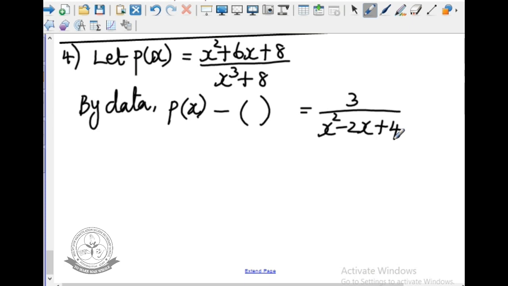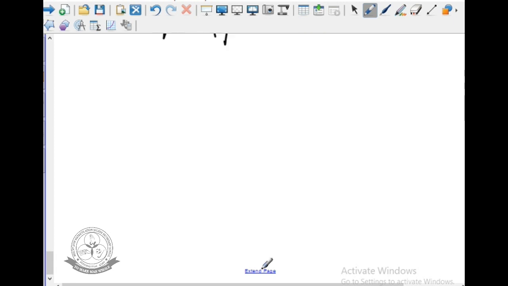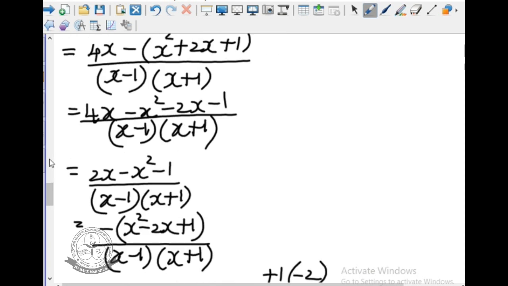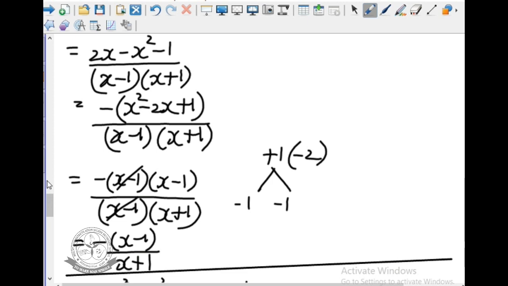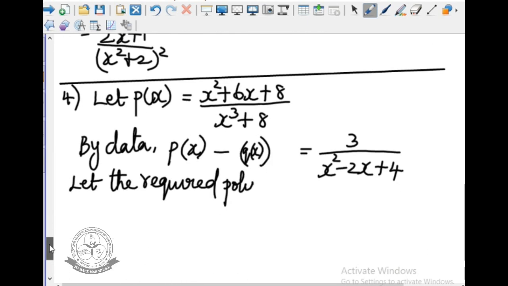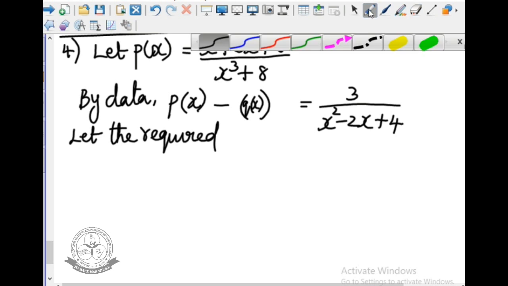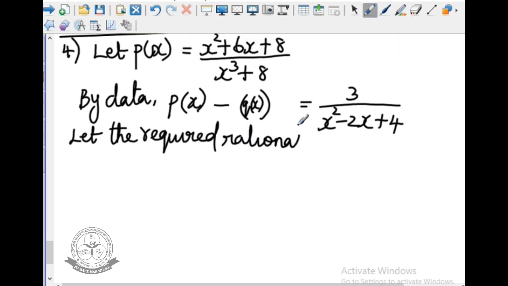The given one we have taken as p of x. So we take the required rational expression as q of x.